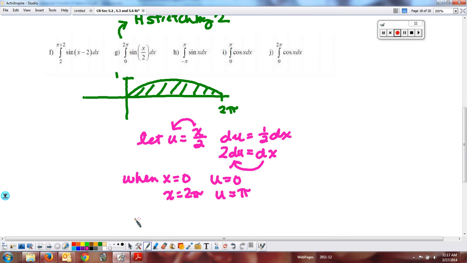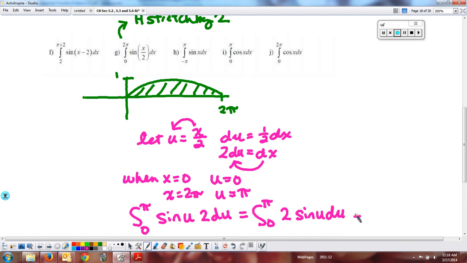And so this idea is that we can algebraically justify that we think the area is going to be twice as wide by changing everything. Your x equals 0 becomes u equal to 0. Your x equal to 2 pi transforms into u equal to pi, sine of u, and then to get our dx out, we're going to put in our 2 du, which is the same as the integral from 0 to pi of 2 sine u du.